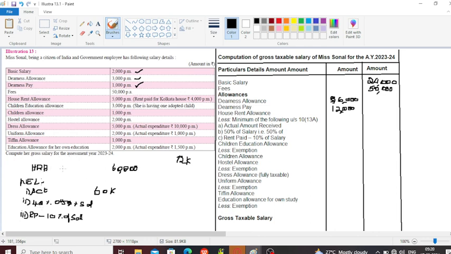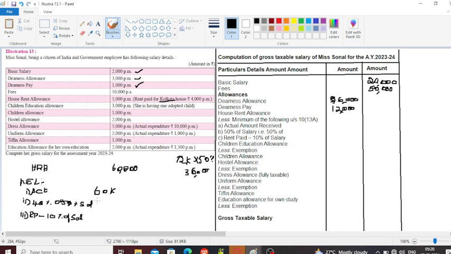Here, Kolkata house is mentioned. Kolkata is a metro city, so we have to take 50 percentage of 72,000, which is nothing but 36,000.